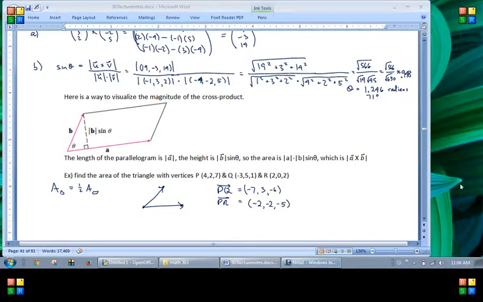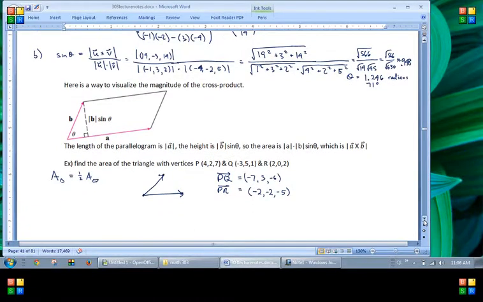Okay. So now finally we have everything we need. We can actually do the calculation. So we need the cross. So it's -7, 3, -6, cross -2, -2, -5. It's a lot of negatives. Okay.